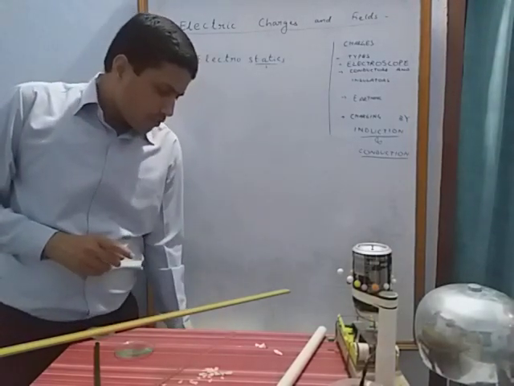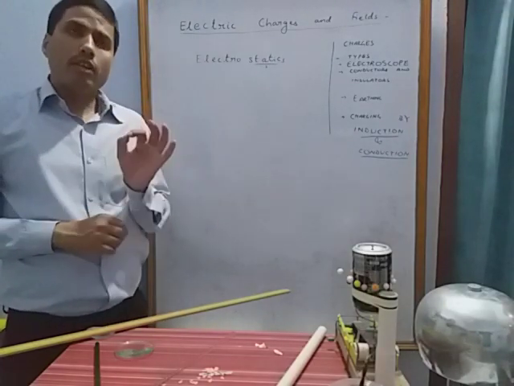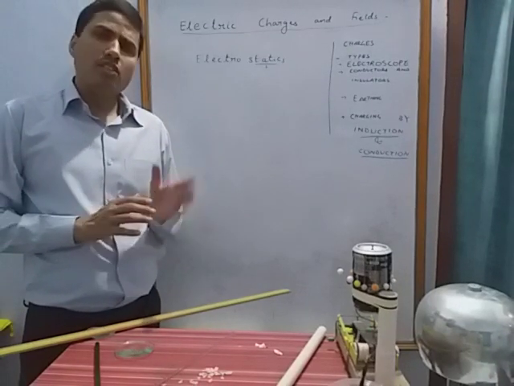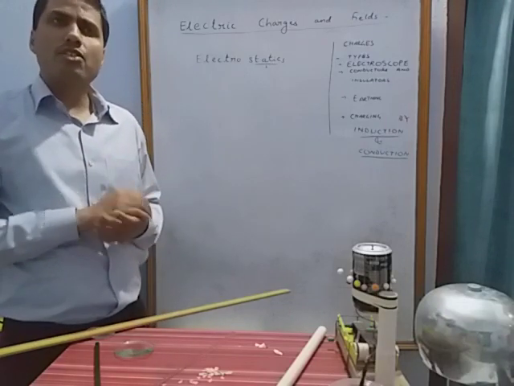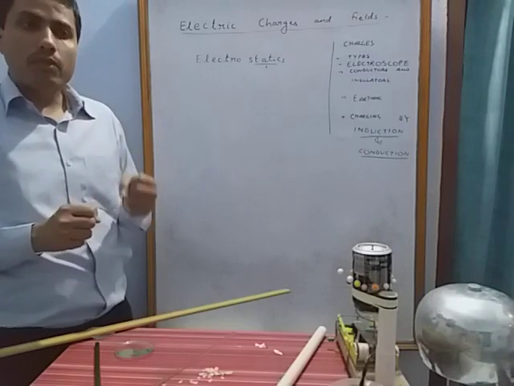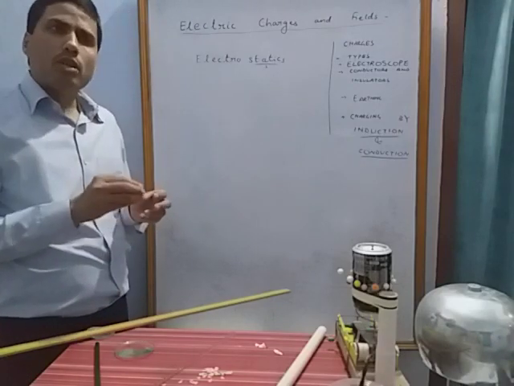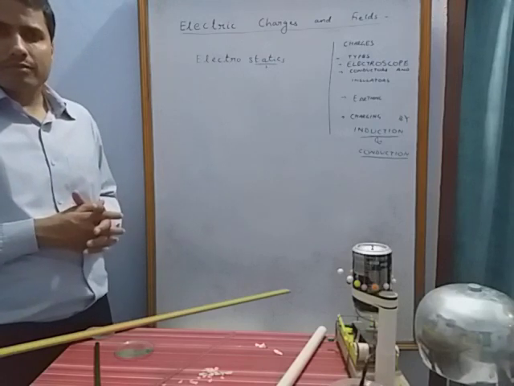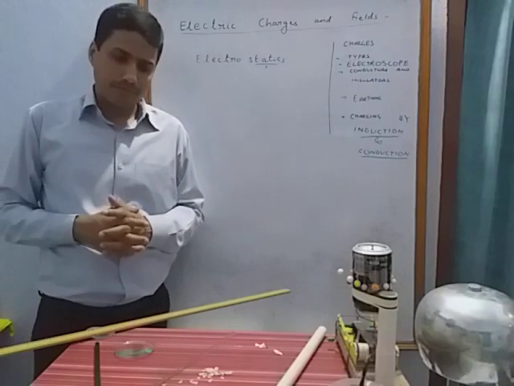This is not a very new thing for you students. The term electron, in fact, was coined from amber. You might be knowing about this. Since long ago, we know that some materials like amber, when rubbed against some suitable object, develop a property of attracting small bits of thermocol, paper bits, pieces of plastic, etc. We say they have got electrified and they have developed some charge.